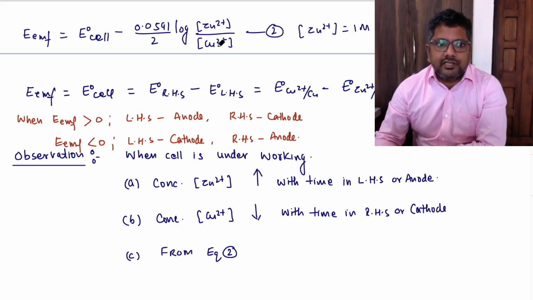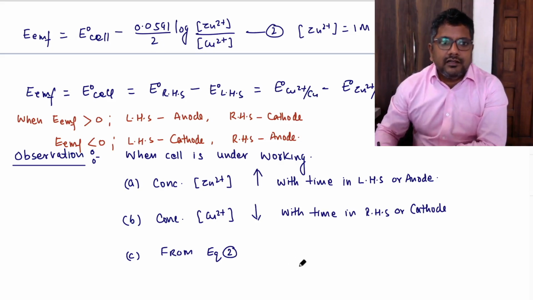This is increasing, this is decreasing. So this log Q increasing means that this whole term will increase when the cell is under working. So EMF of the cell will decrease.